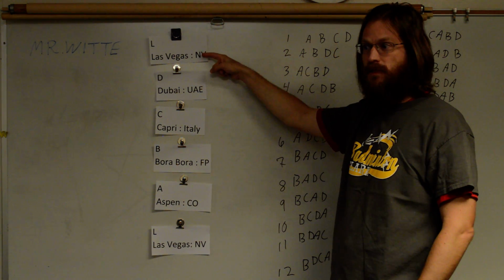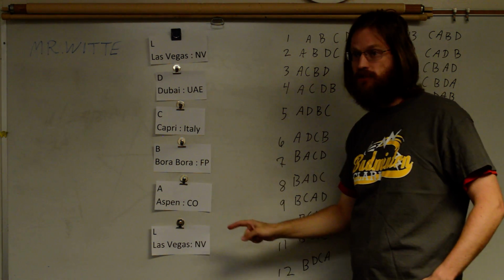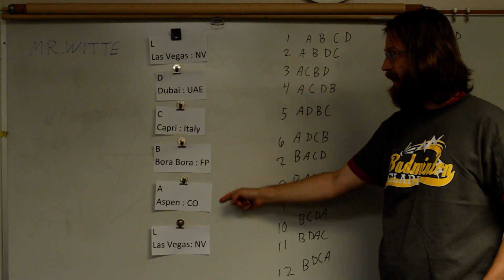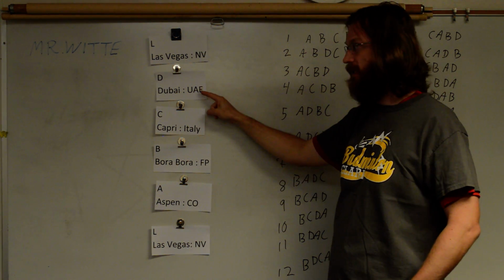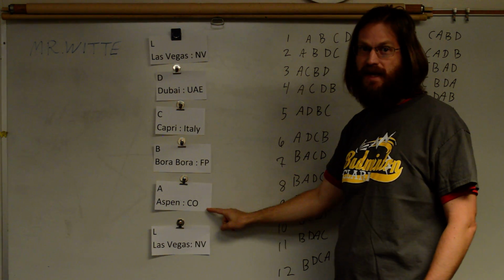So for example, if we look at our last permutation, the DCBA, well, we're actually not starting in Dubai, and we're actually not ending in Aspen.